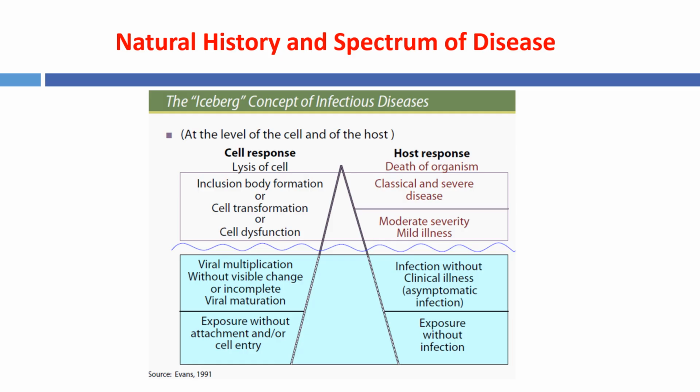On the cell level, here we start to have cell transformation and cell dysfunction. If we go up the pyramid, there are the classical and severe cases, and at the very tip of the pyramid, the proportion of people who die from the infection with the microorganism.